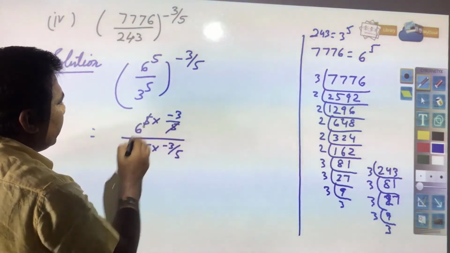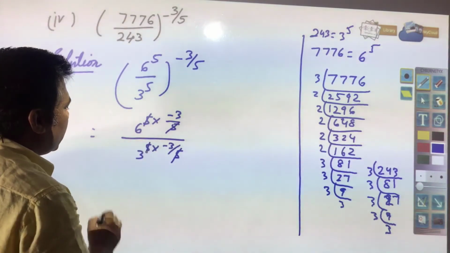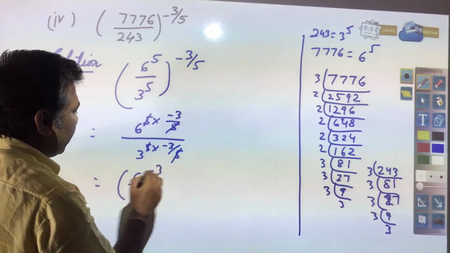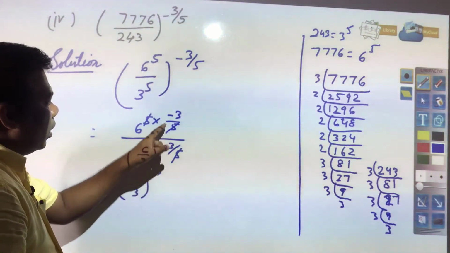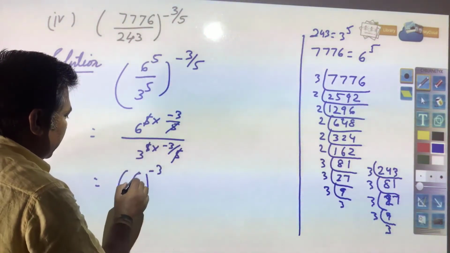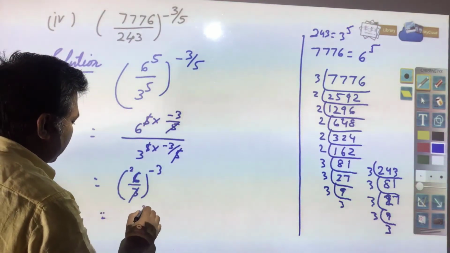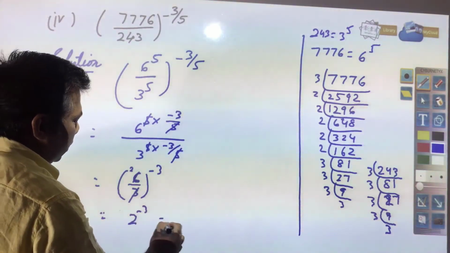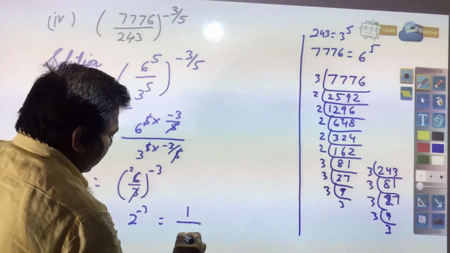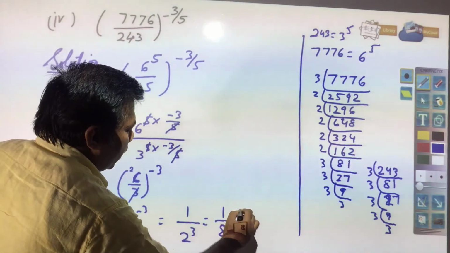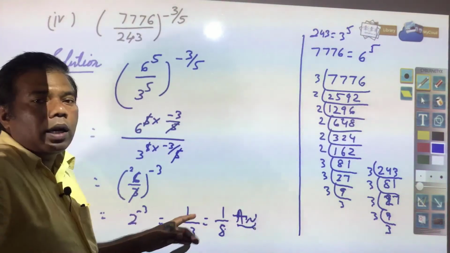This 5 and 5 got cancelled, 5 and 5 got cancelled. 6 by 3 together can be written to the power minus 3, and this will be 3 2s are 6. So you will get 2 to the power minus 3. It means 1 by 2 cube and it will be 1 by 8, and this will be your answer.